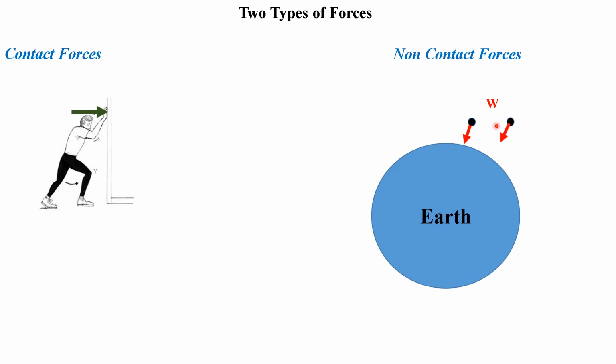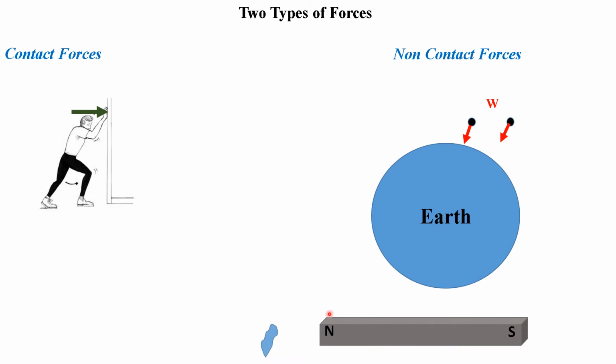They can be at any distance, not necessarily in contact. Another example is magnetism, north-south or south-north. If you have a piece of metal, this piece of metal is attracted to the magnet despite the fact there is no contact between them, so at a distance.